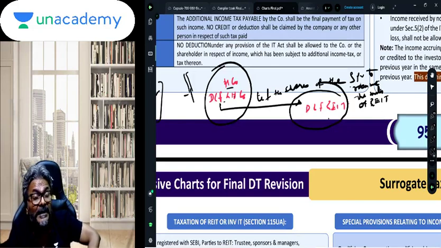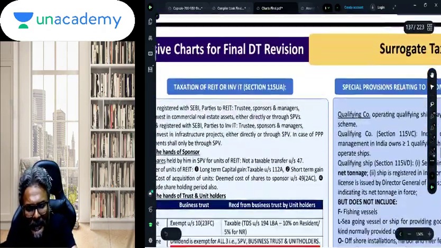So if it is a higher distribution of profit, then let the shareholder now pay the tax on this particular dividend income.